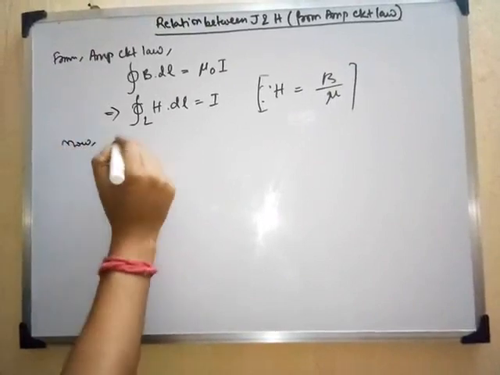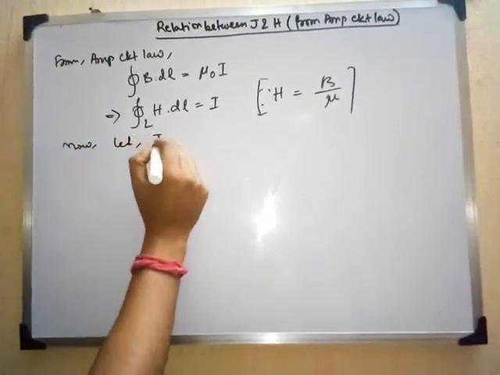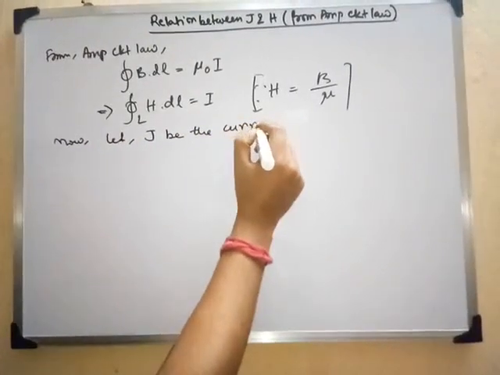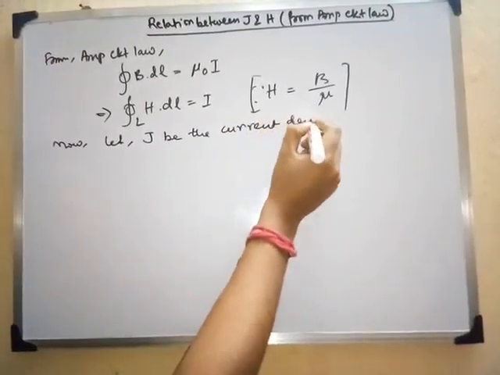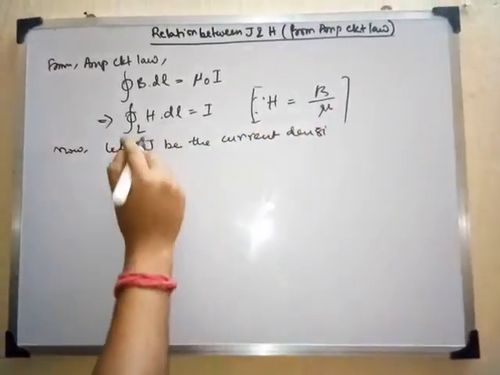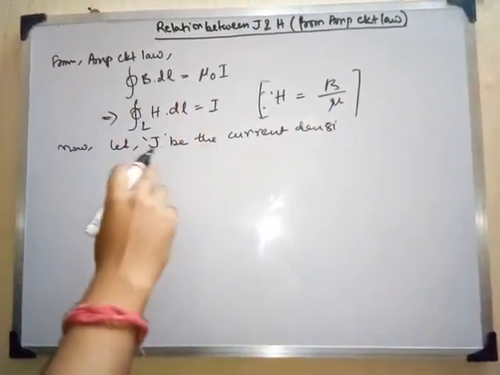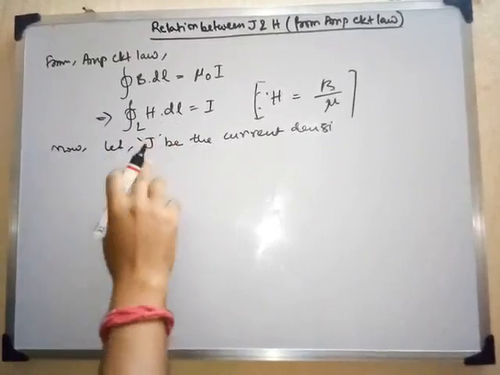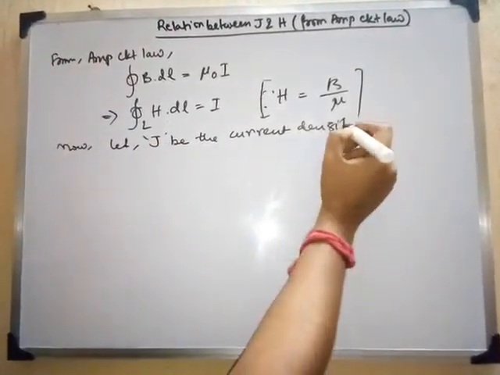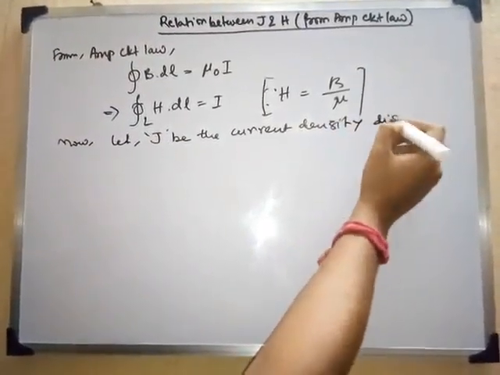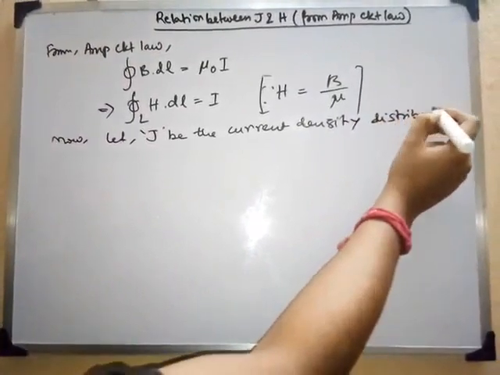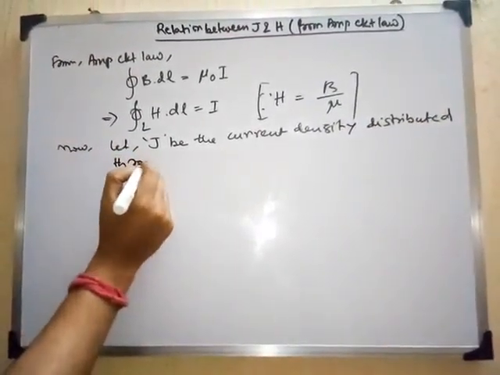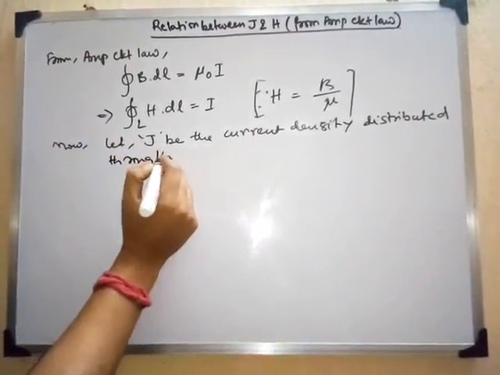Now let us consider J to be the current density. Remember this, J is always the representation of the current density in electromagnetics. So J is the current density distributed through the surface.